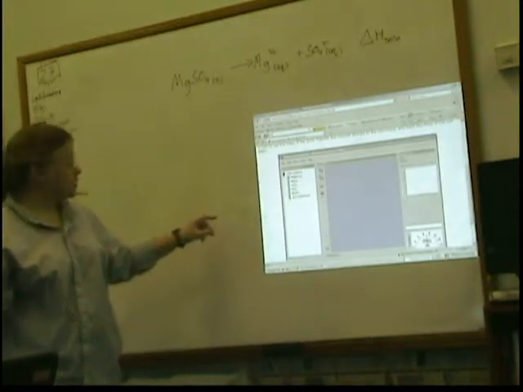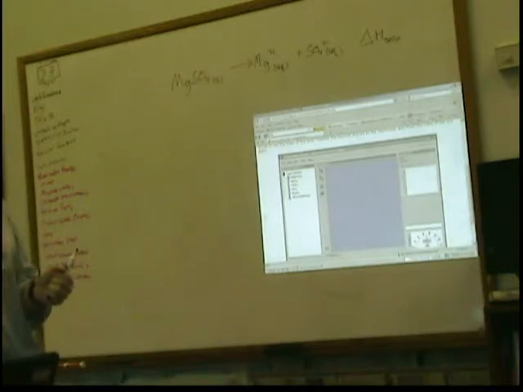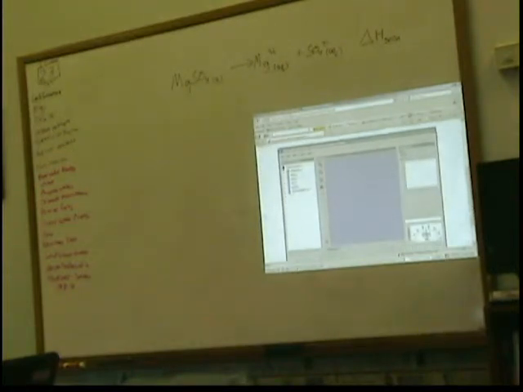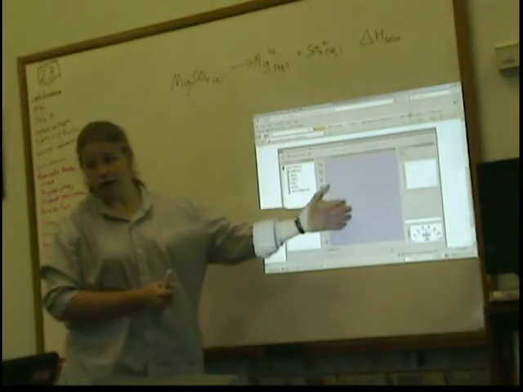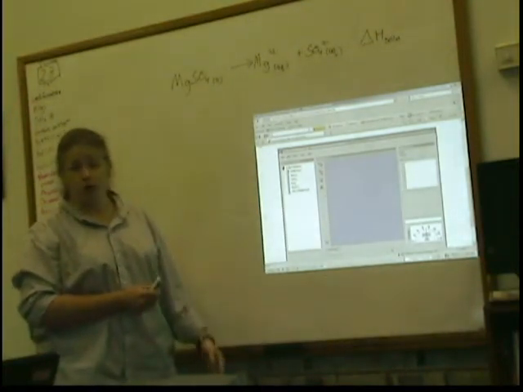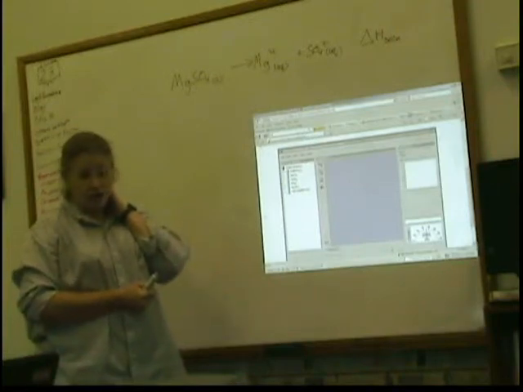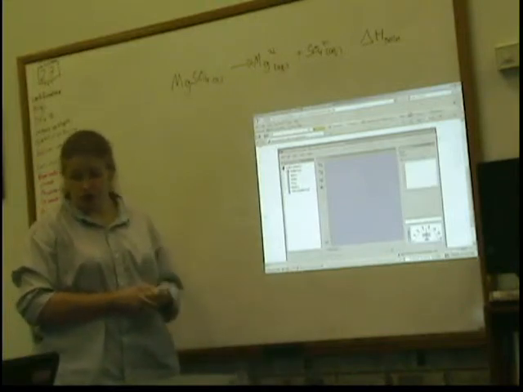Now, we're finding delta H, so we'll want to find out what it is per mole. Now, we're not going to want to put a whole mole in because a whole mole won't dissolve in the water. So we'll want to put enough in so that we can determine the temperature change, but we don't want to put so much in that it doesn't all dissolve.